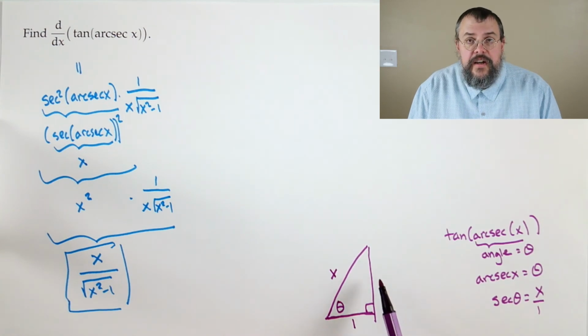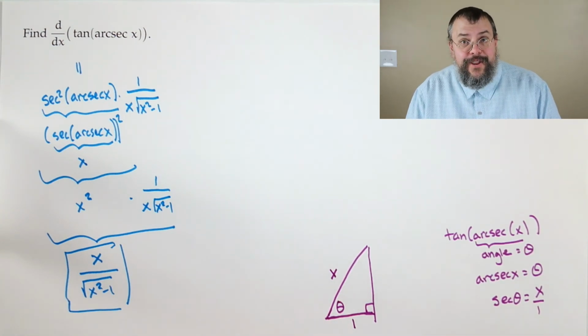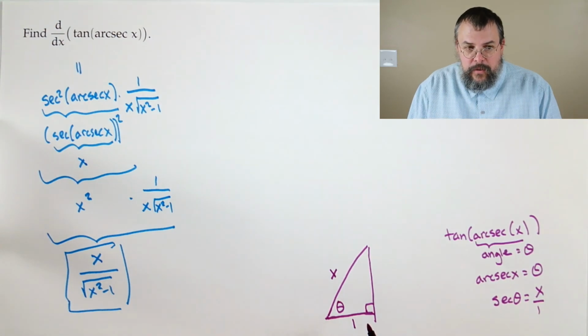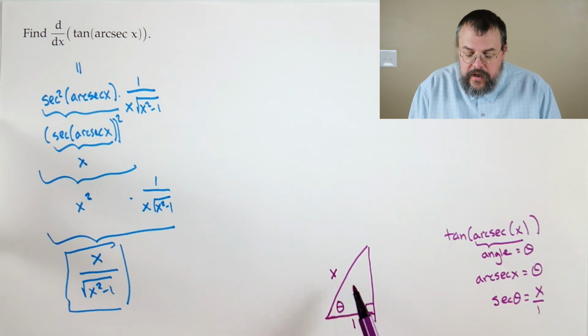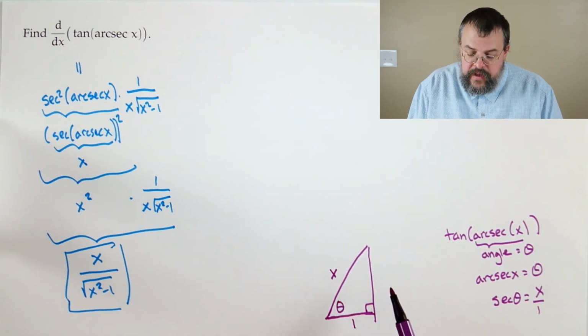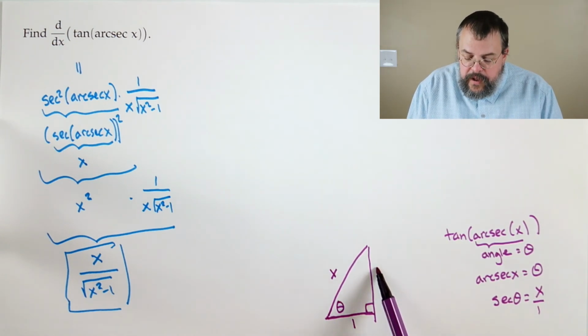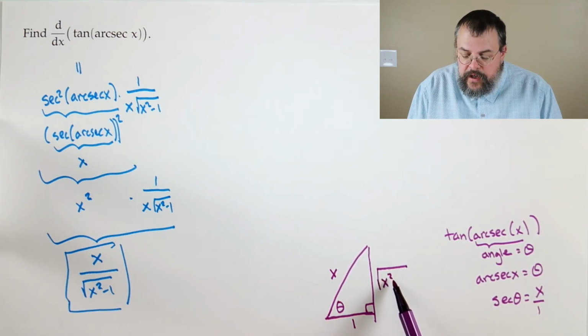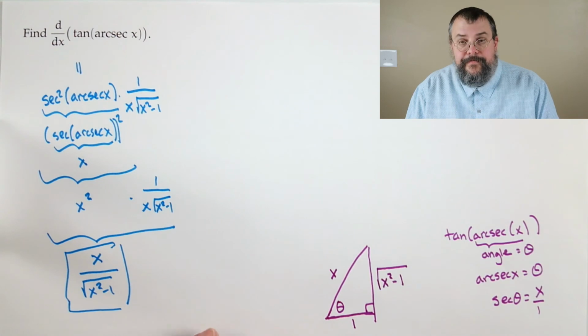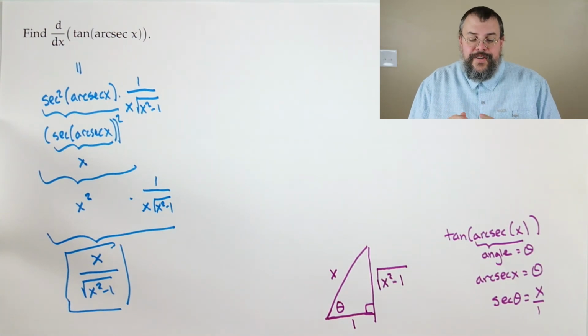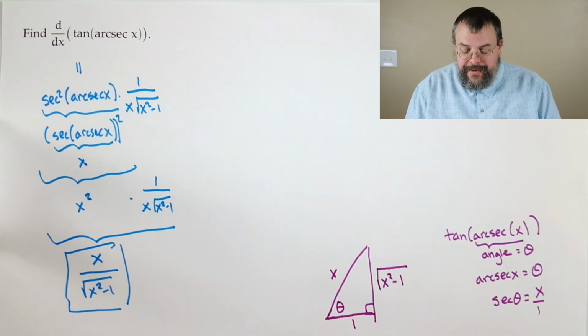What's this missing side? Well, the Pythagorean theorem comes in. So we have this side squared plus that side squared equals that side squared. If you play around, it doesn't take very much, it would be the square root of x squared minus 1.